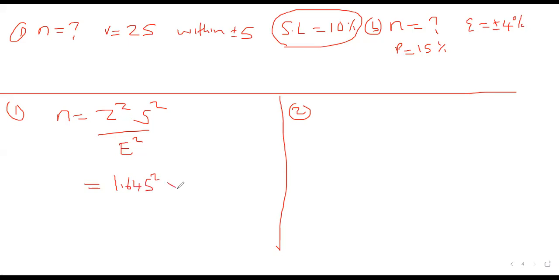What is our S squared? What is our error? Alternatively, since we're given variance, let's put 25 there. Don't square it, it was already variance. 1.645 squared times 25 divided by 25. So 1.645 squared is 2.7.